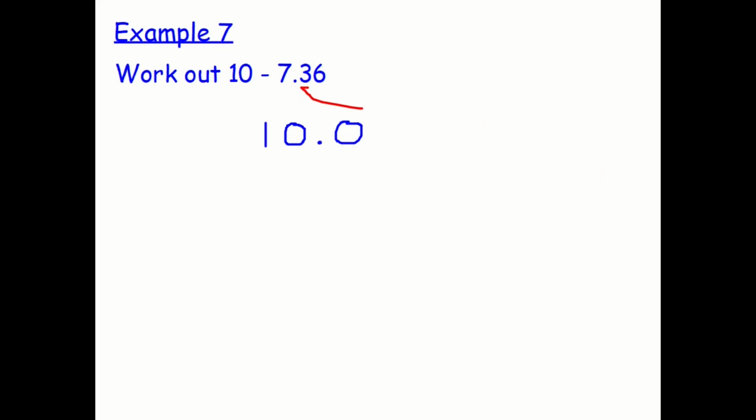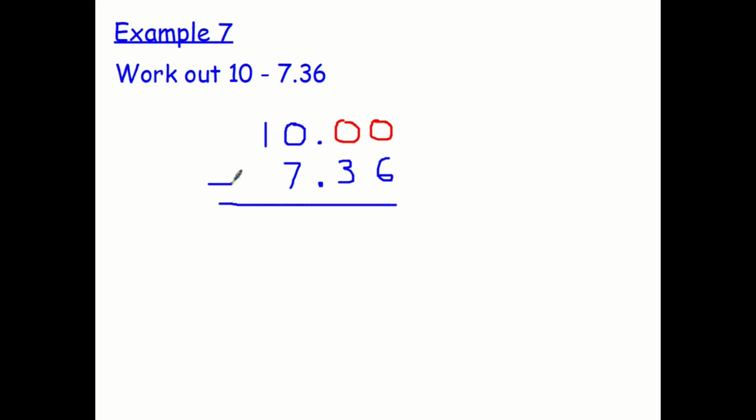So I'm going to put 2 zeros after the decimal point so that my 7.36 lines up with it. So put the decimal point in straight away, put your 7 there, and the 3, 6 here.